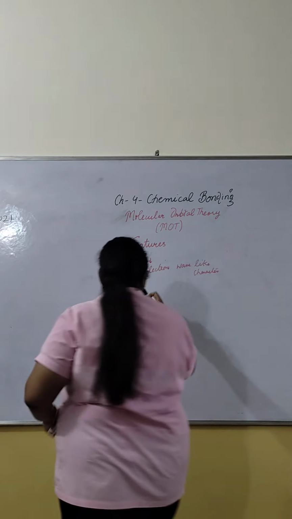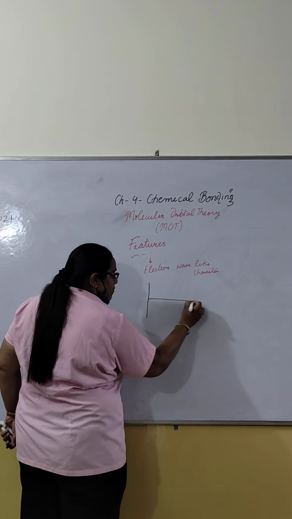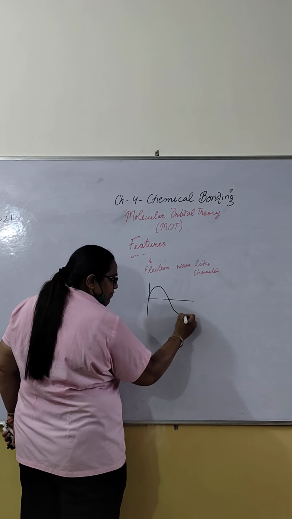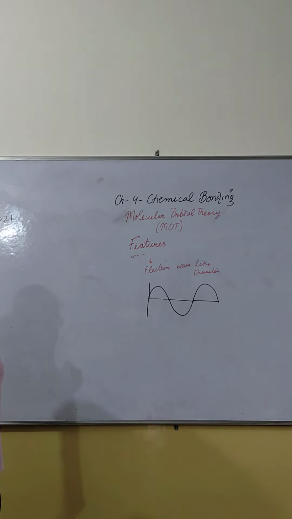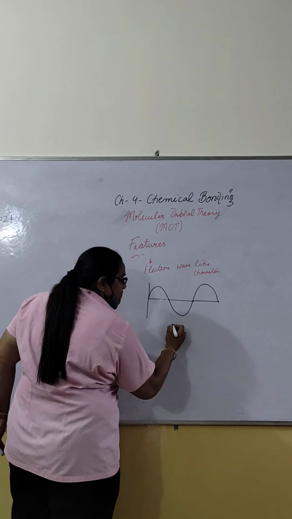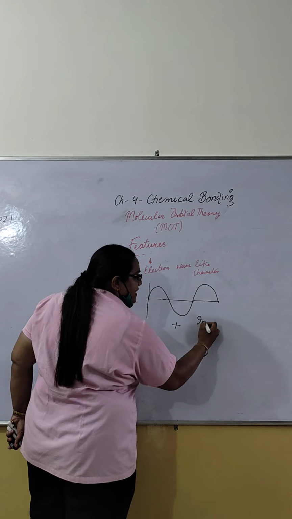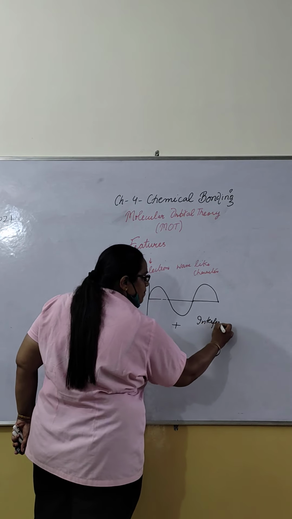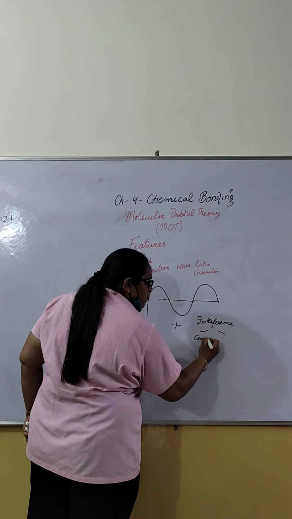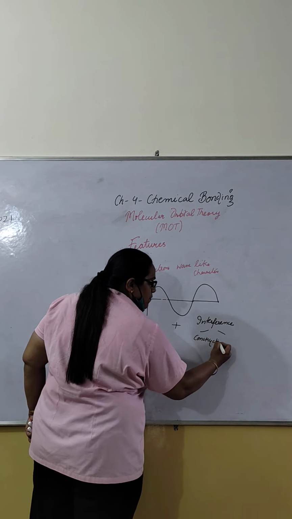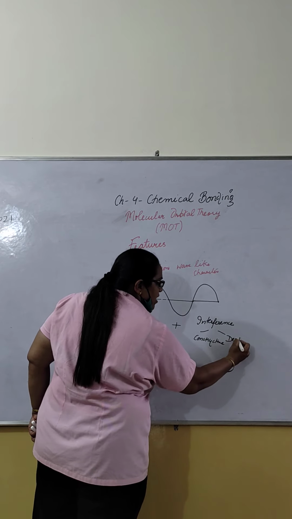Like suppose this is one wave: crest, trough, crest, trough. Okay? So waves show the property of interference, but it can be constructive and it can be destructive. How?